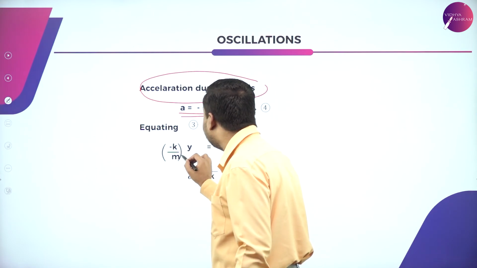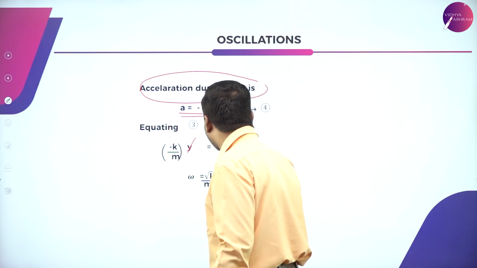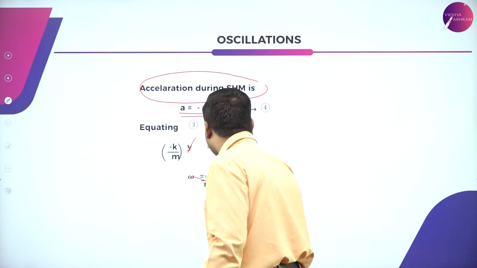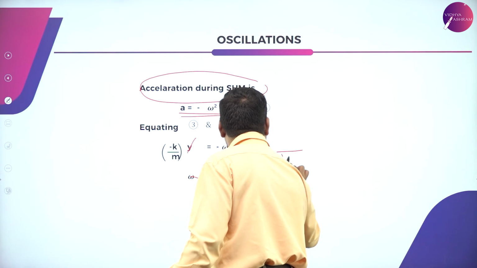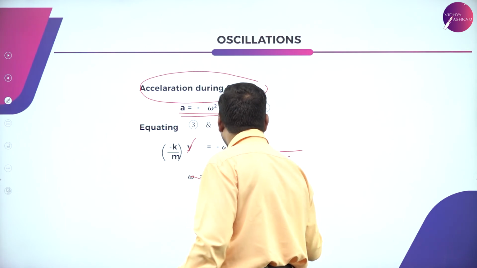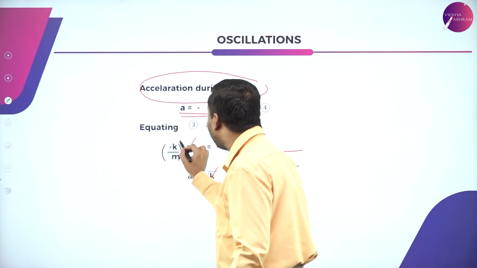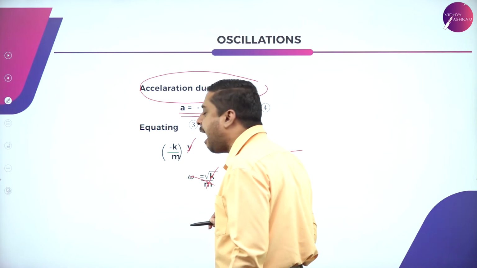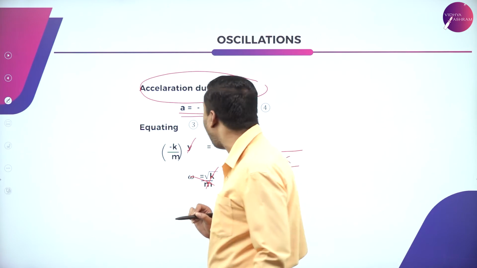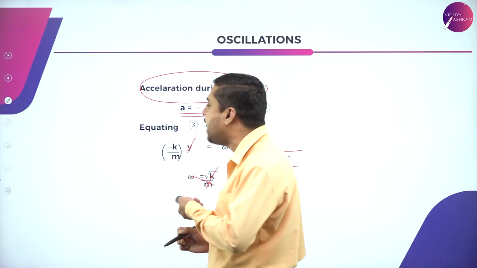Now equate them. y and y get cancelled. Omega square is k by m. So omega is root of k divided by m.